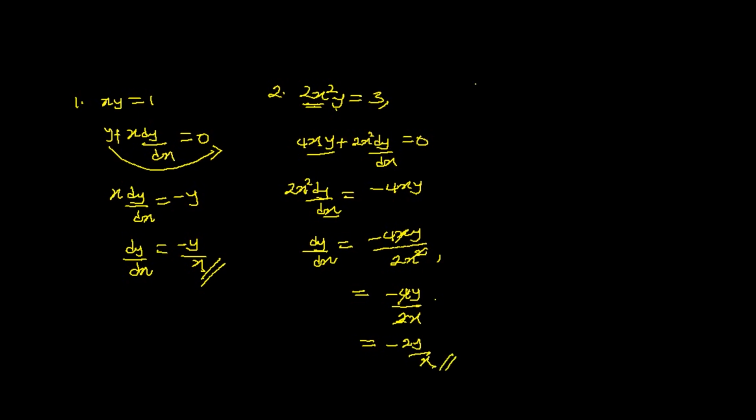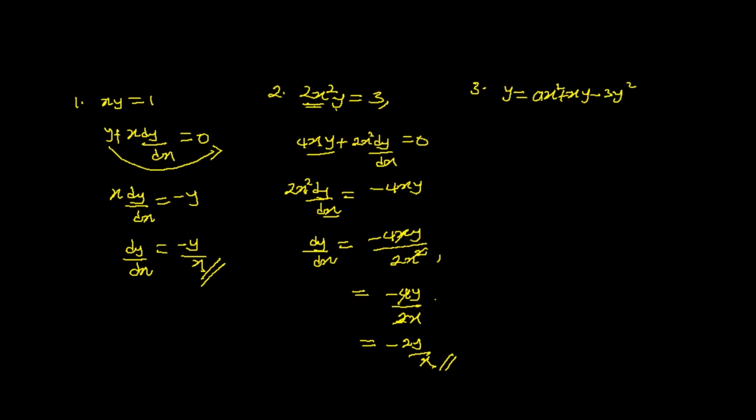So let's look at the third example. y is equal to ax squared plus xy minus 3y squared.